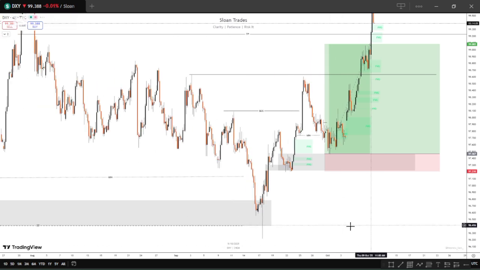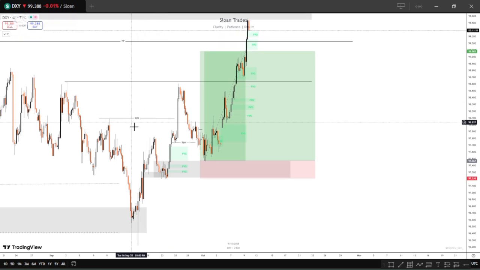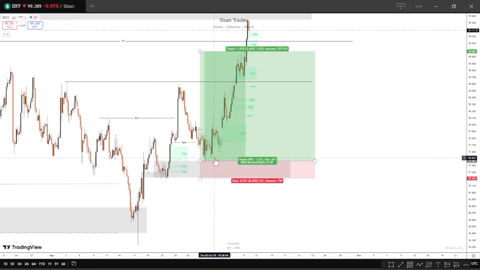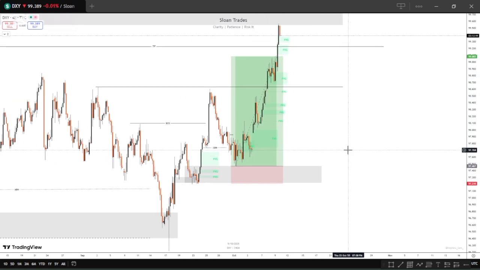So here I got my entry on a 4-hour time frame to take this trade, and then this was the break of structure, this was the inducement formed, and this is my entry, and I took this particular trade.